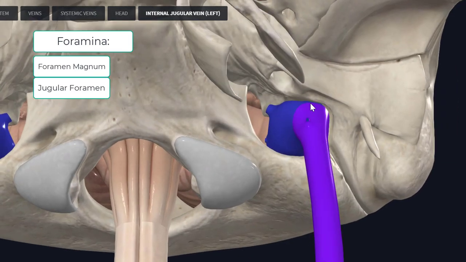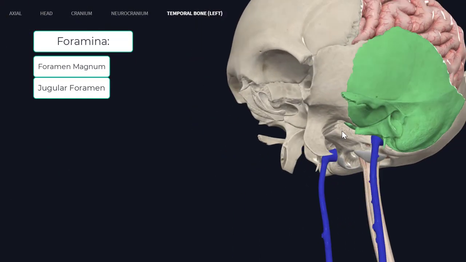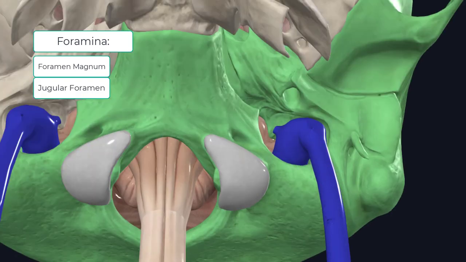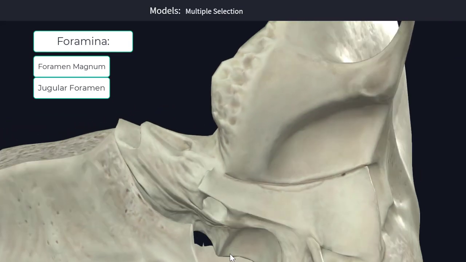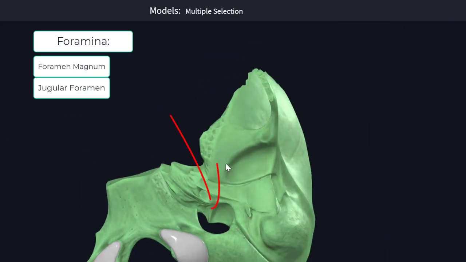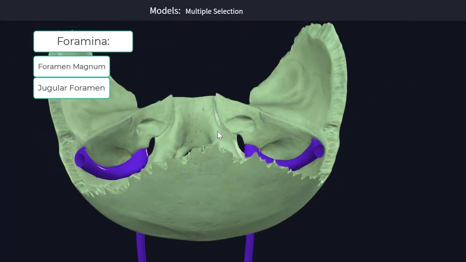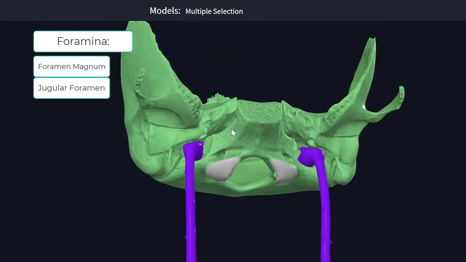The jugular foramen is created by two bones. One is, let me give you proof, the temporal bone, and the second one is the occipital bone. When I isolate these two bones, you're going to see the jugular foramen here. Here you have those isolated structures, the sinuses, and the jugular foramen.